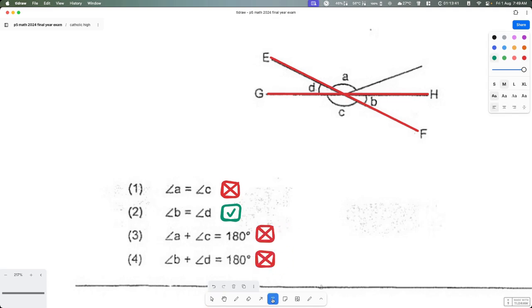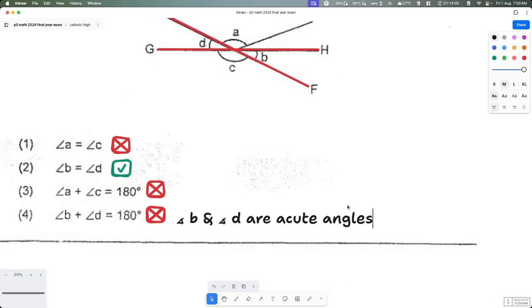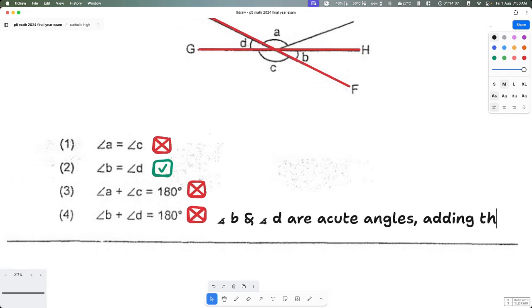Okay, so let me put the explanation. Angle B and angle D are acute angles, so adding them will not hit 180 degrees.